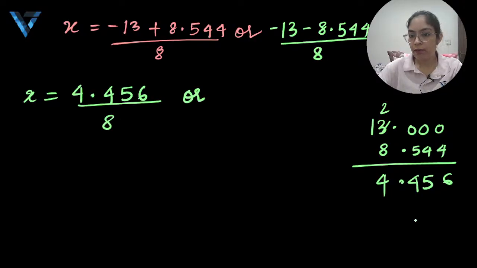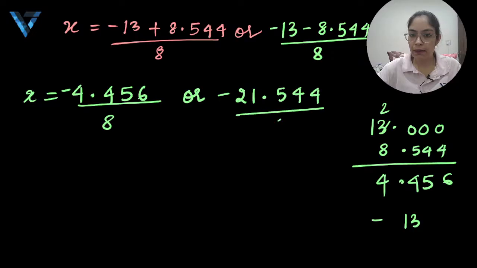Or here we can add: minus and minus, so this will be minus, because the sign of the greater number is minus. Then 13 plus 8.544 is 21.544, so minus 21.544 by 8. Minus 0.577.